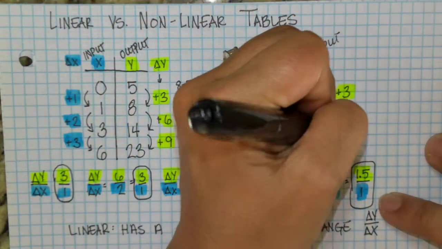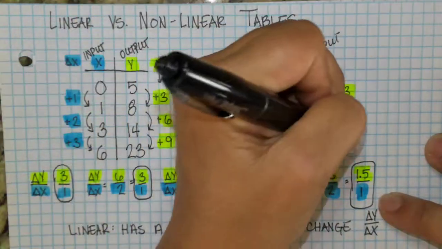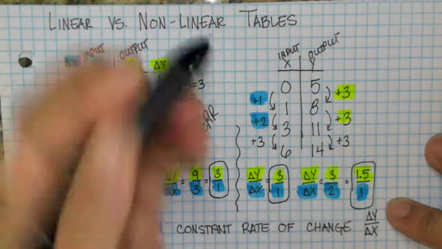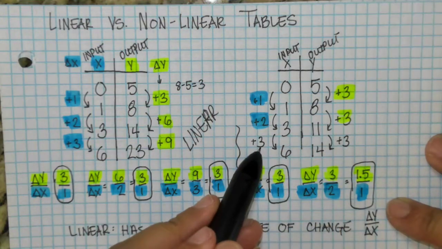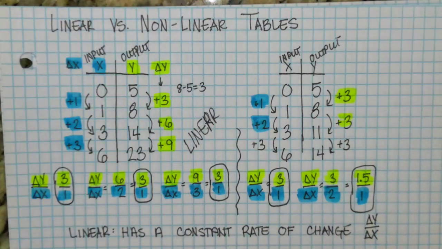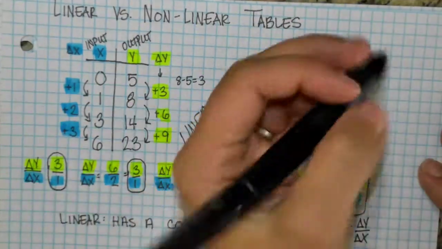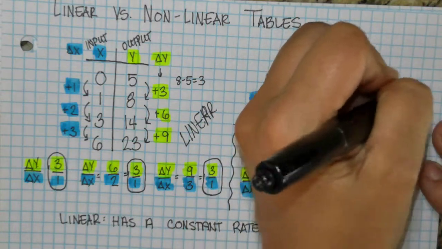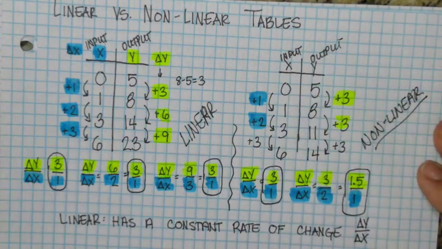I can continue this if I wanted, and I would see this is again plus 3, and this is plus 3, and that 3 over 3 is going to simplify down to 1. But at that point, we've already distinguished that it's nonlinear. So that one is nonlinear, and the first one is linear.